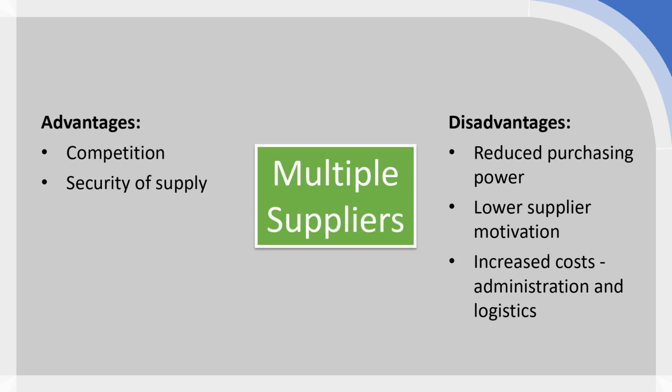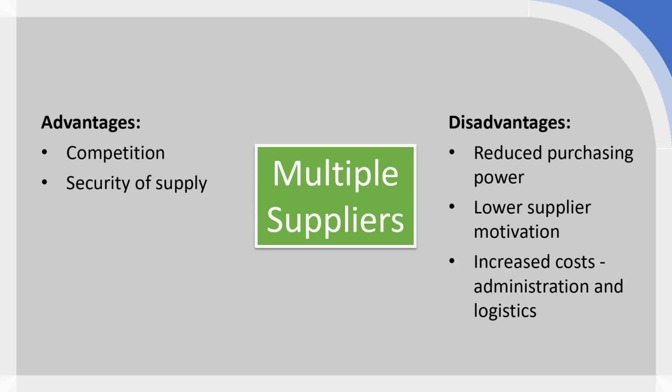Supplier motivation does tend to be lower as well, although this does depend on the specifics. But if the value of the contract is lower than it could be, and the supplier is aware that there are multiple other suppliers engaged in the same procurement cycle, then that may not be a priority for them, and therefore lowers their motivation to actually achieve the highest possible performance within the execution of the contract.